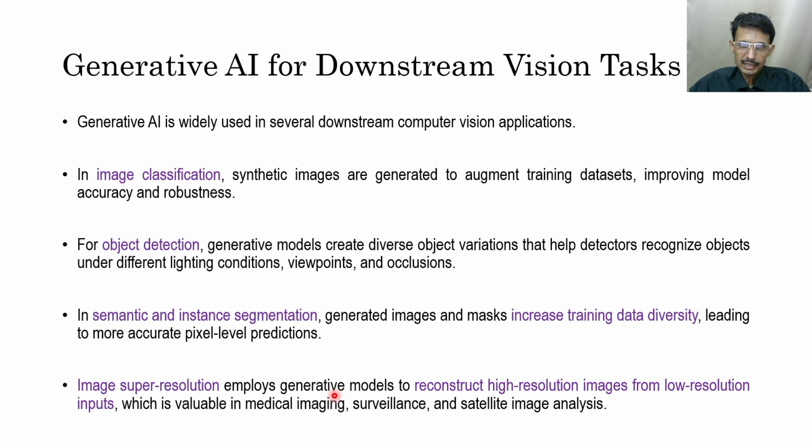Image super resolution employs generative models to reconstruct a high resolution image from a low resolution one, because it is a process where we predict new information. Generative models play a very crucial role here, as they can create very similar content to get a high resolution image from a low resolution image using this generative capability, which is valuable in medical imaging, surveillance, and satellite analysis.